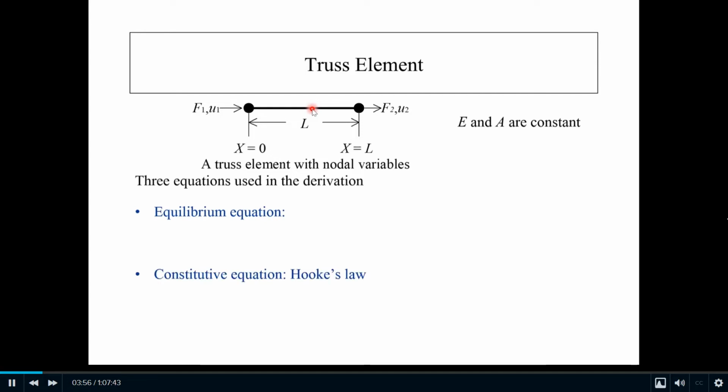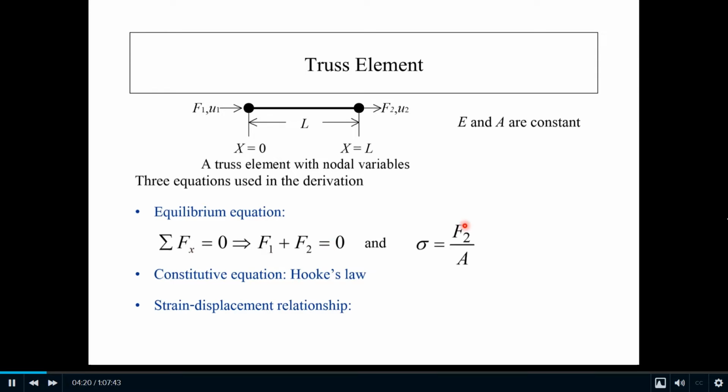We have equilibrium equations, the constitutive equation of Hooke's law, and the strain-displacement relationship. For equilibrium, since it's a truss element and a 1D problem, you have one equation: summation of F equal to 0. So F1 plus F2 equals 0.